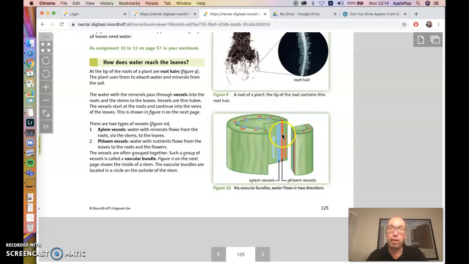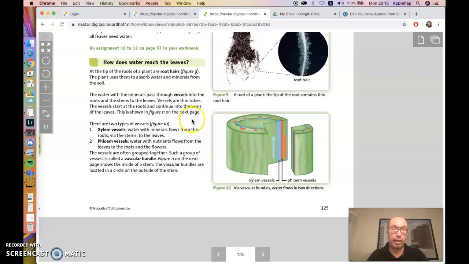The phloem is on the outer side, and the xylem is on the inner side of a vascular bundle. That's always the case in a stem. So in a stem, phloem vessels on the outside, xylem vessels on the inside. It doesn't matter if you have herbaceous plants or woody plants. In woody plants, the xylem vessels are in the wood and the phloem vessels are in the bark, the bast van een boom.